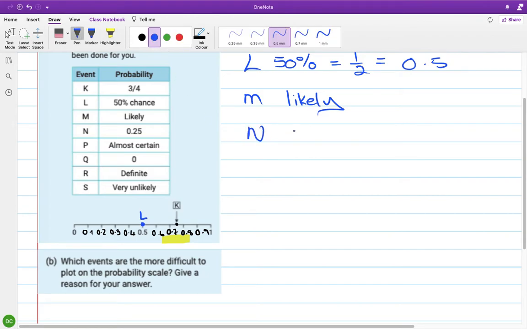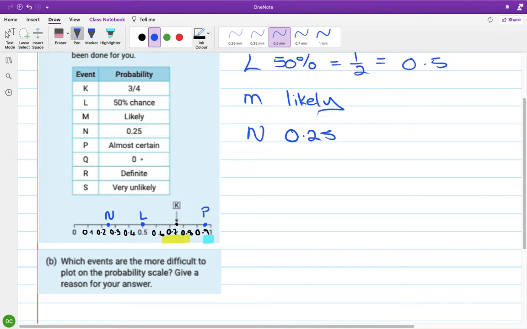N is 0.25, which is already a decimal, so that should be easy to put on. 0.25 is halfway between 0.2 and 0.3, so that's N. P is almost certain, so it's going to be up here somewhere, maybe here. Again, anywhere in this area is fine.